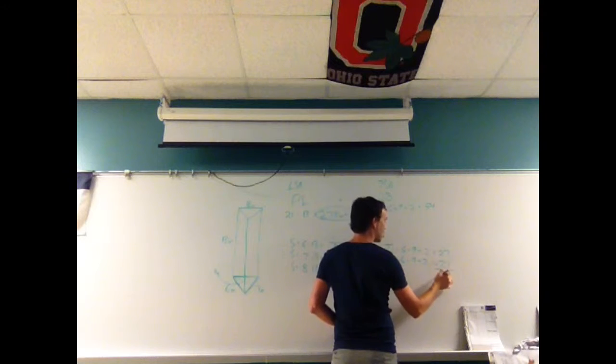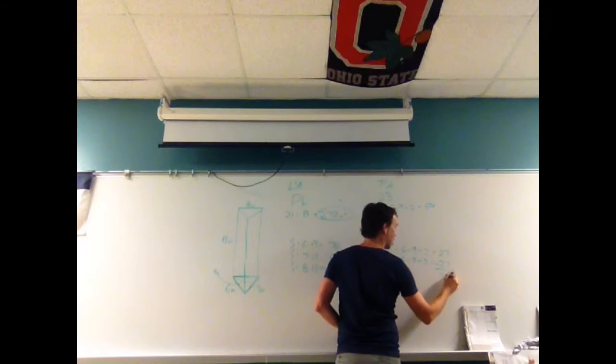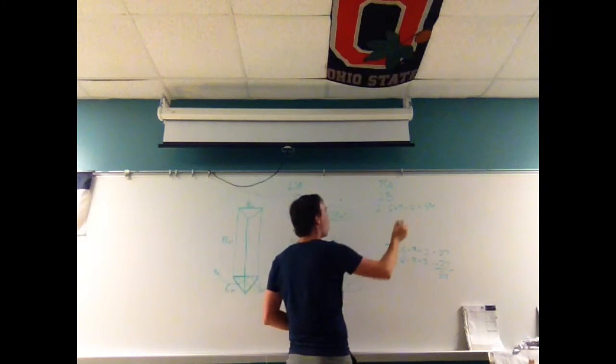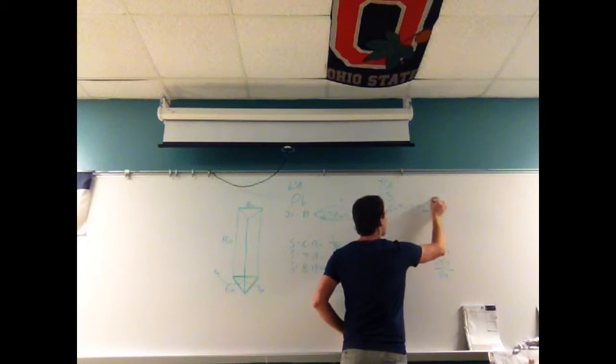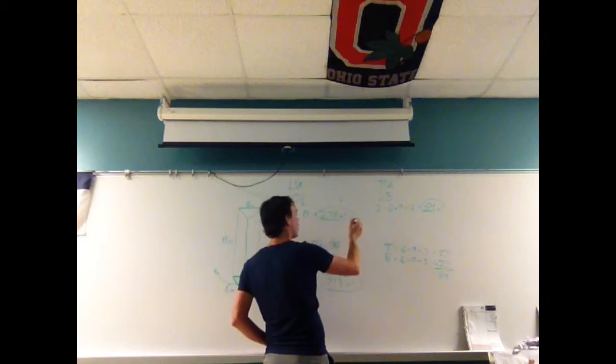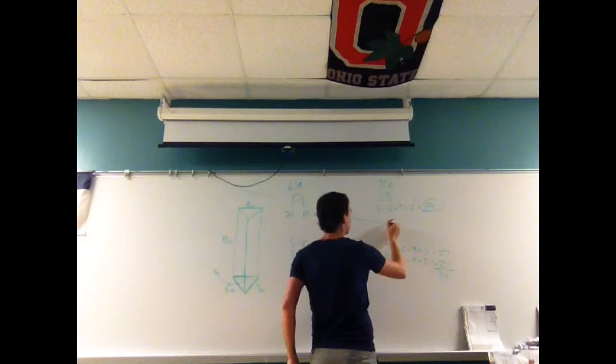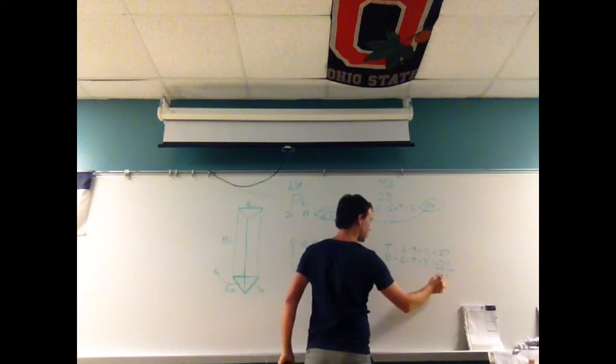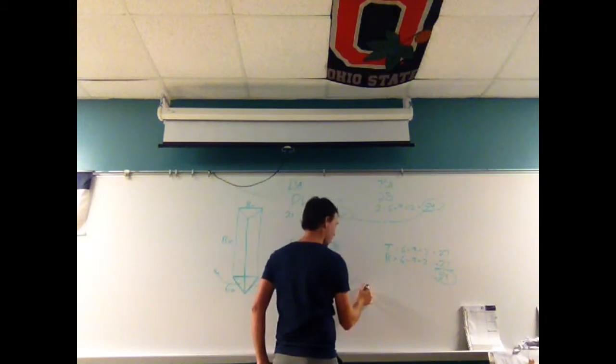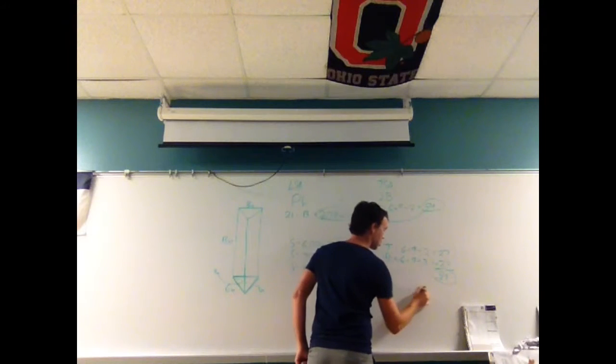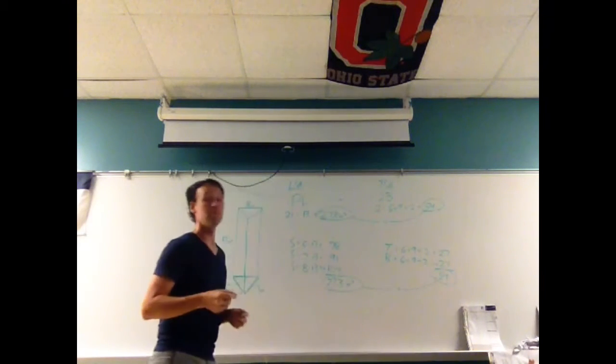If I add these two up down here, I'm going to get an answer of 54. And now all I'm doing is adding this number, 54, plus my 273. 273 plus my 54.